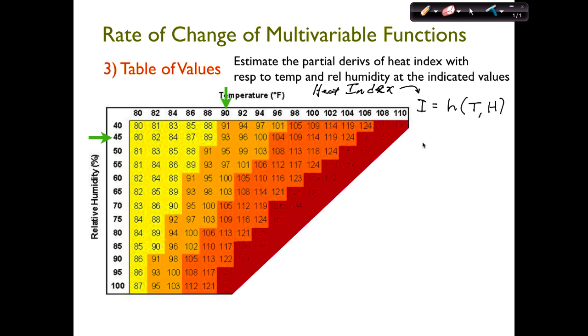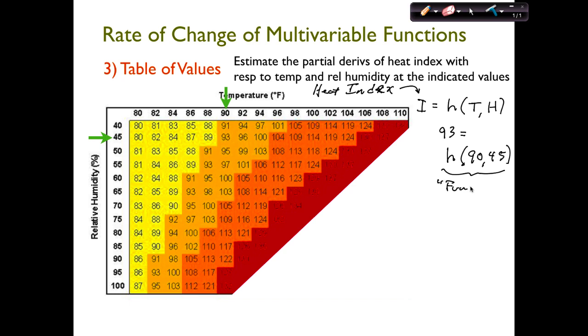So 93 equals H of 90 and 45. So the representation, he's saying little h of 90 comma 45. Agree with that? Yeah, that's the representation of the heat index when the temperature is 90 and the humidity is 45.